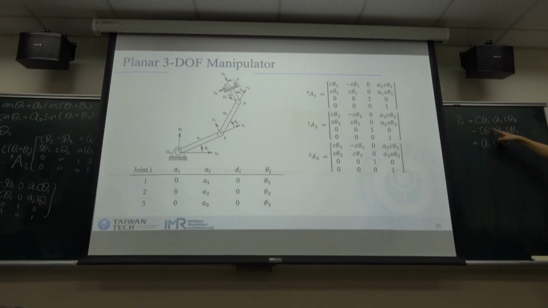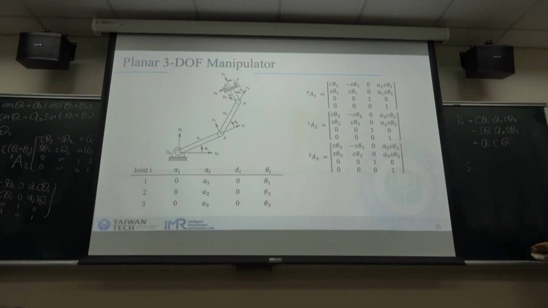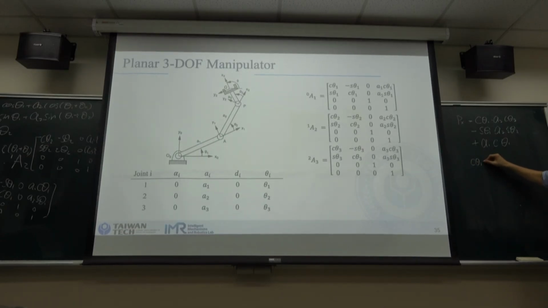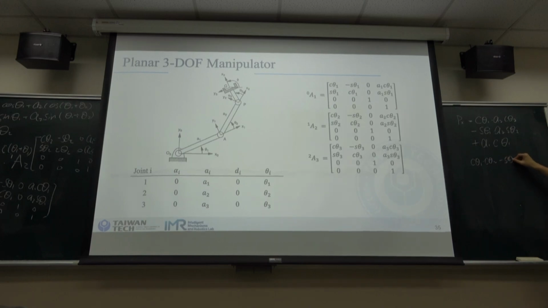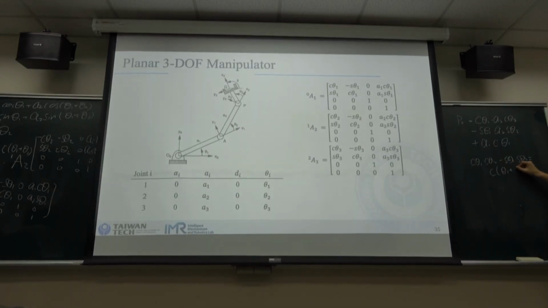These two can combine together. If you still remember, cosine theta 1 times cosine theta 2 minus sine theta 1 sine theta 2 is equal to cosine theta 1 plus theta 2.